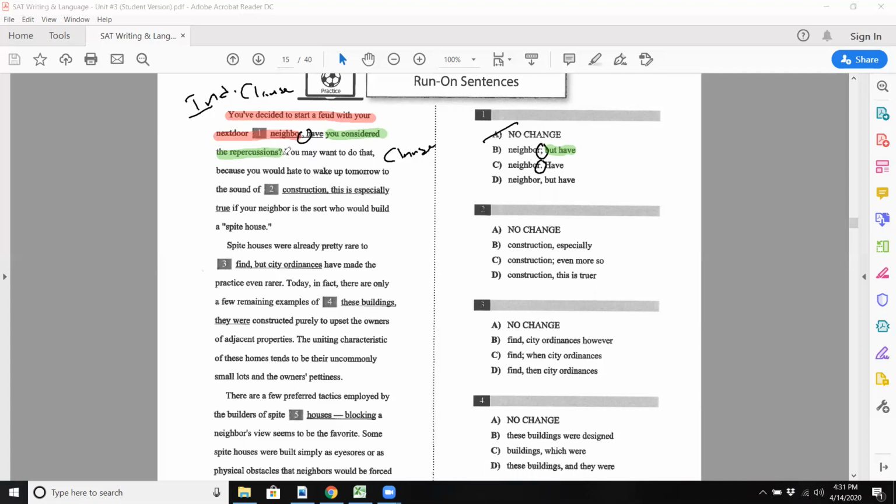If you had a comma, that probably could work. But that's a dependent clause now.